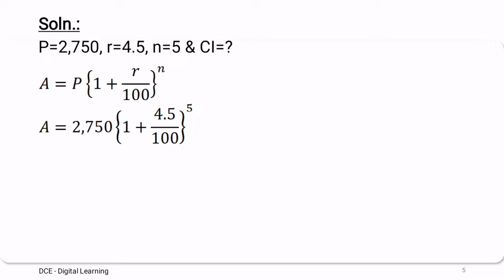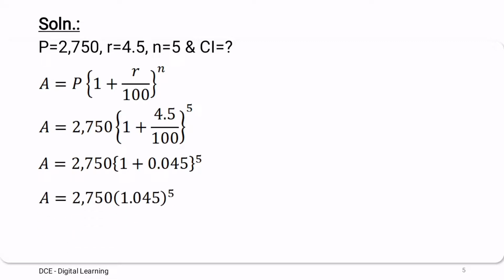So, A equals P into bracket 1 plus R divided by 100 raised to N. A equals 2750 into bracket 1 plus 4.5 divided by 100 raised to 5. 4.5 divided by 100 is 0.045, so A equals 2750 into bracket 1 plus 0.045, which is 1.045 raised to 5.